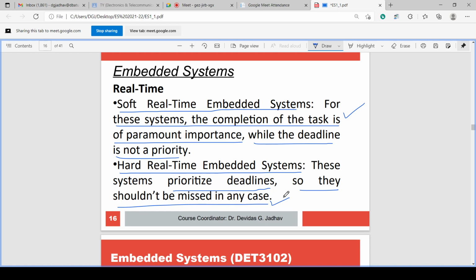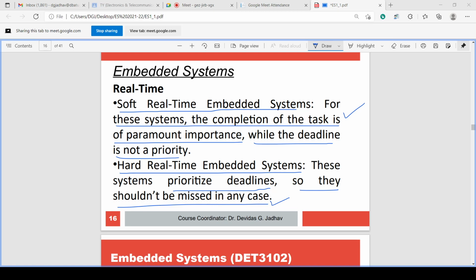The next function cannot be done unless the first function is completed. So there is a time priority and not a completion priority. In the soft real-time embedded system, whatever time it takes, whatever delay it introduces, the task must be completed. But in the hard real-time embedded system, the deadlines are very strictly maintained.